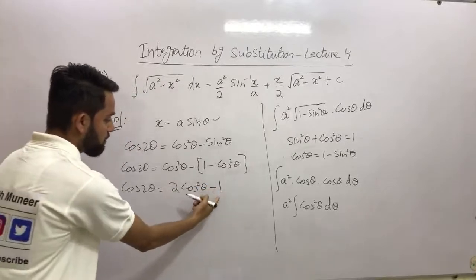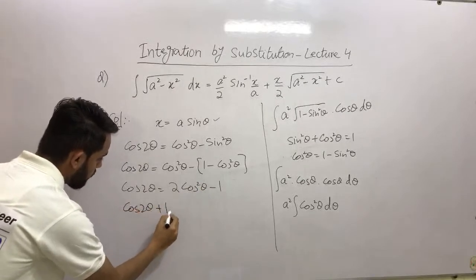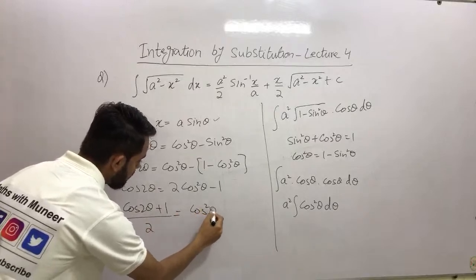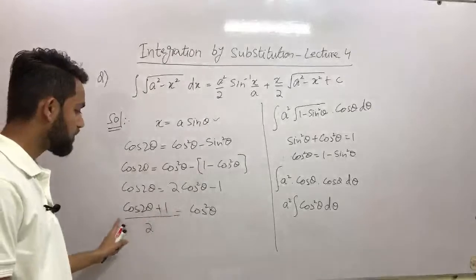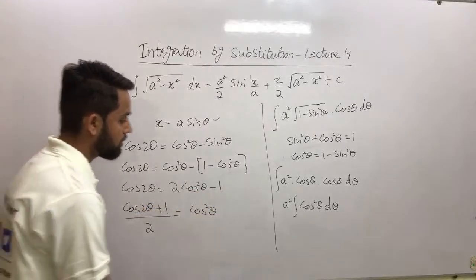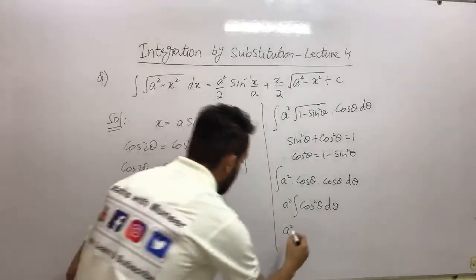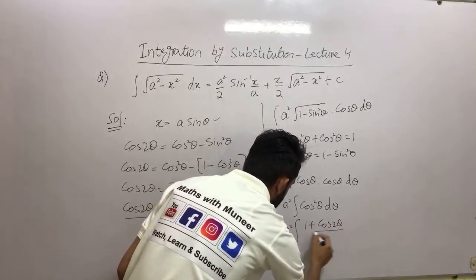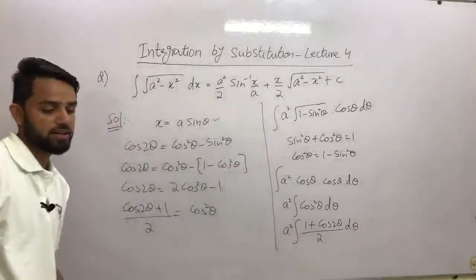Okay, shift this minus 1 to the other side and it would be cos 2 theta plus 1 over 2 is equal to cos square theta. So this is the value of cos square theta that we have got over here, and now I am going to plug it in here. So this would be equal to a square times the integration of 1 plus cos 2 theta over 2 d theta. Please note this down.